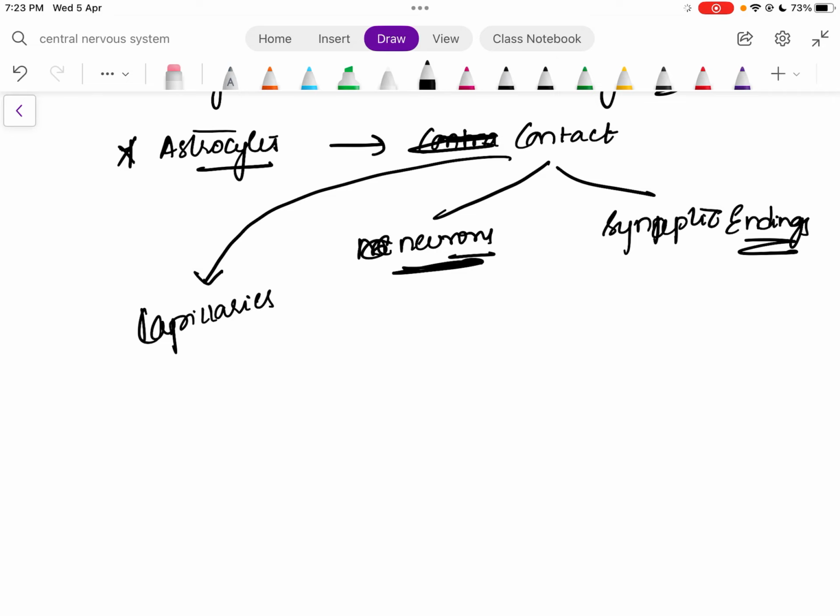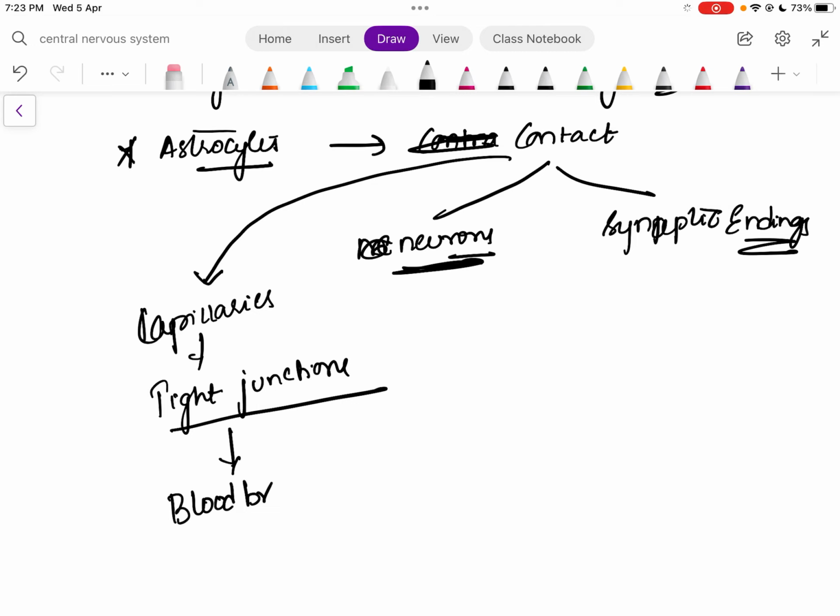After making contact with the capillaries, they will form tight junctions with the capillaries, and they help in formation of the blood brain barrier.